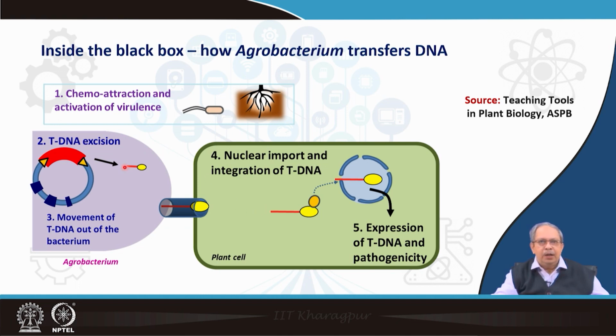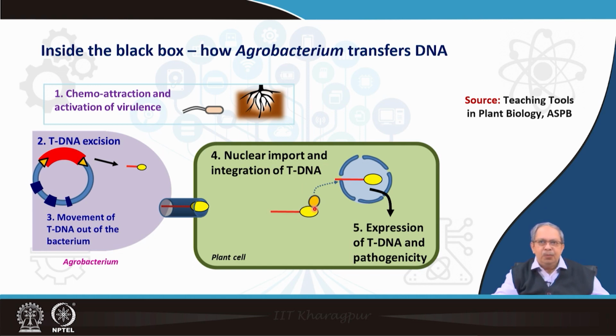The single stranded T-DNA which is nicked out will be wrapped by another Vir protein, which is called virE2. So, virE2 basically protects the Agrobacterium T-DNA from all sorts of hazardous elements present inside the plant cell, and then it enters.